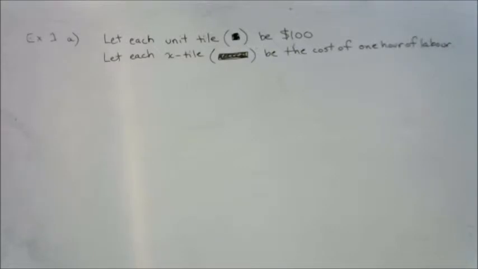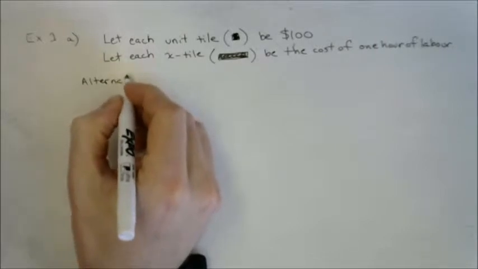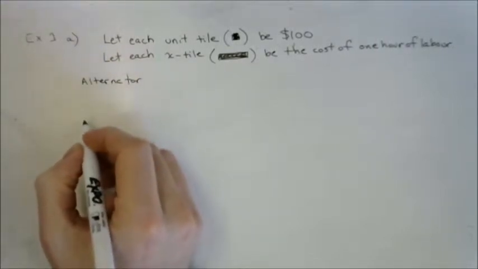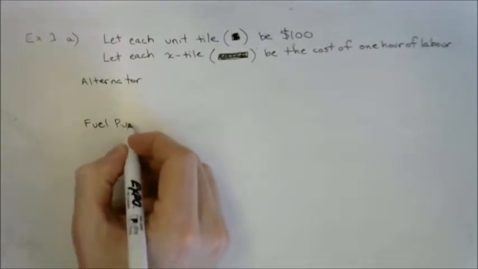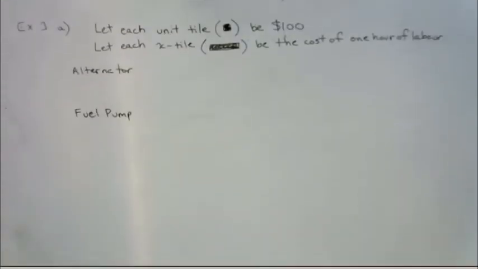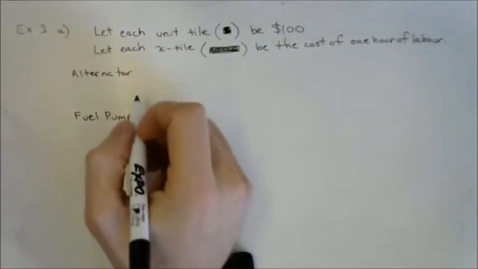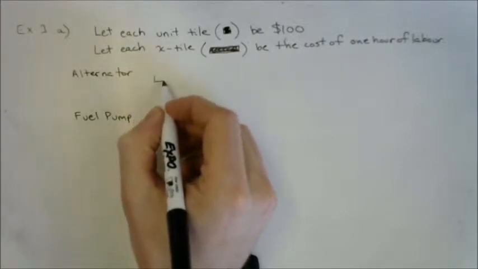Model each repair. So we've got the alternator, and we've got the fuel pump. Once you've tried that on your own, you can just double check up here. We know that the alternator for the cost of parts is going to be just $200.